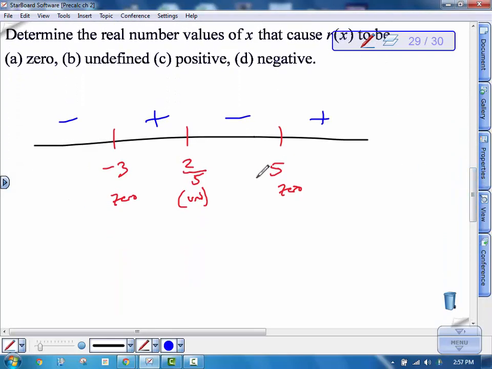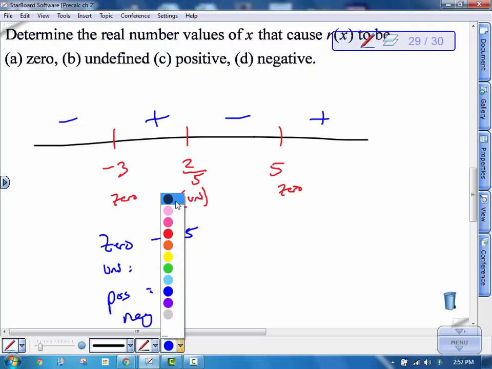Okay, so now what we're looking for is where is this thing 0, undefined, positive, and negative. Well, it's 0 at -3 and 5. It's undefined at 2/5. It's positive in this range right here, which would be from -3, I can include that because 0 is positive, all the way up to 2/5, but don't include 2/5.